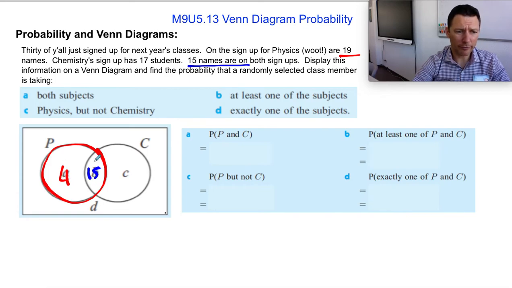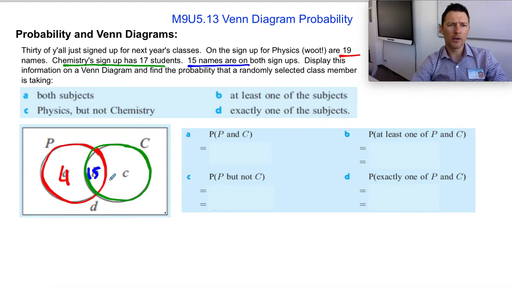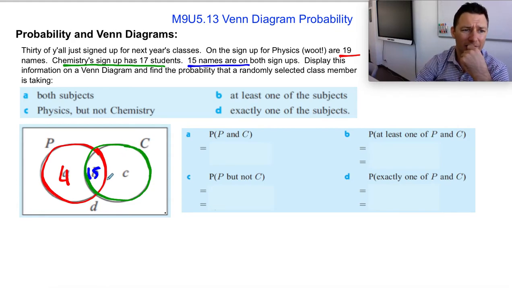Because 4 and 15 make the 19, right? And what about in chemistry? Chemistry is all of these. So chemistry's got 17 students. So 17 means that we're going to have 17 in here. 15 do both, so we've got to have 2 there. Then what about this?